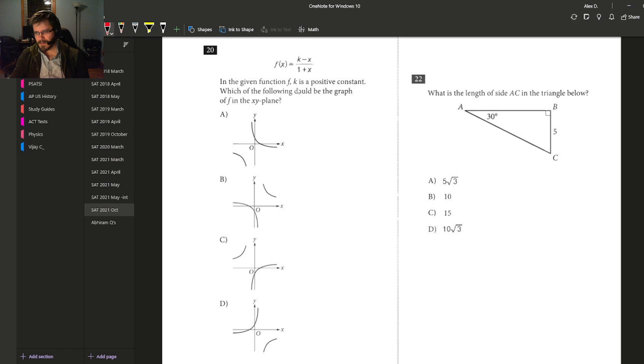Could be the graph. k is a positive constant. Okay, that's actually critical here. So as x increases, the numerator gets smaller and the denominator gets bigger. So we're getting to a smaller and smaller number, and it will end up eventually being negative.